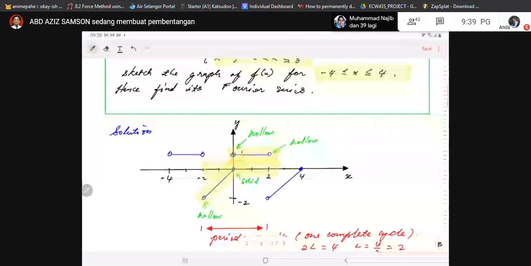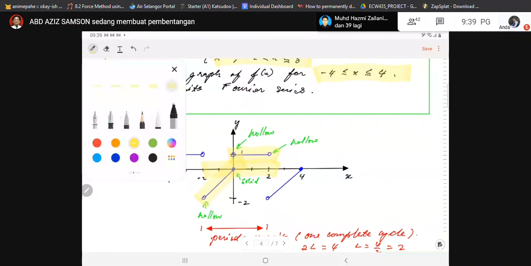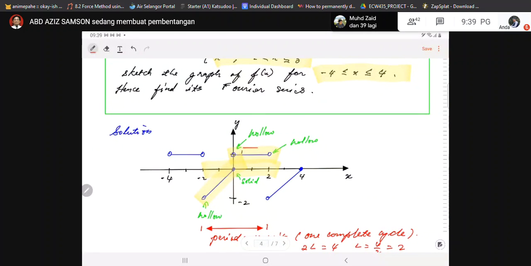On the left-hand side there, we pick the interval. You have to remember that. When you are doing this, we started between -2 and 2.